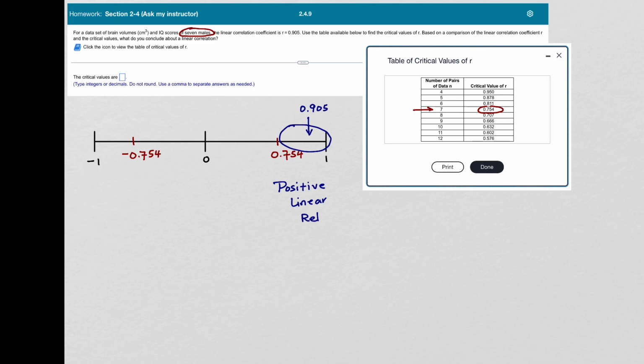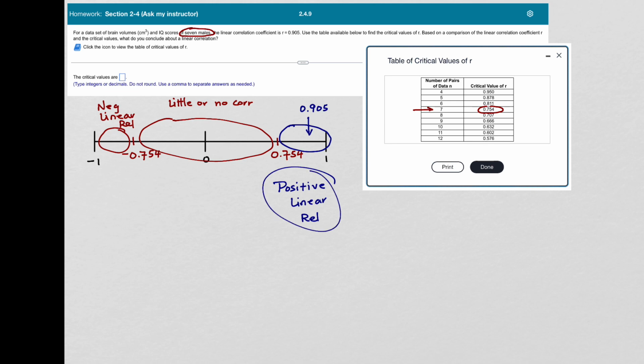If our correlation coefficient had fallen into this center section, then we would have said little or no correlation. And if our value had fallen down here, then we would have said there was a negative linear relationship. But in this particular case, we do have a positive linear relationship, and so that's our final answer.